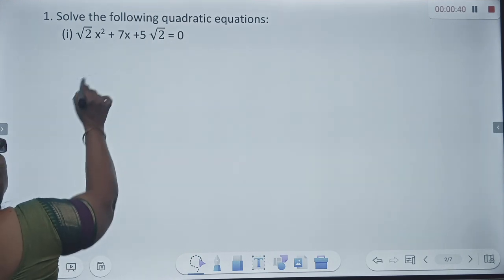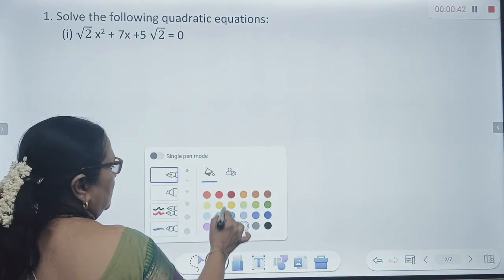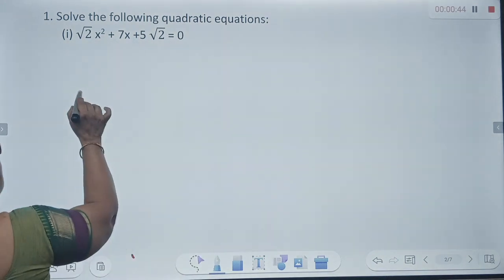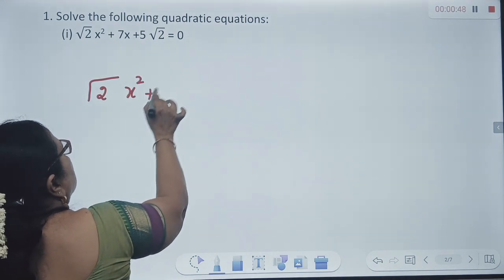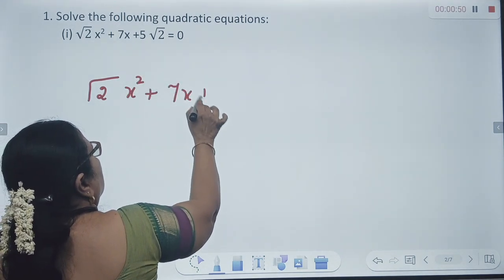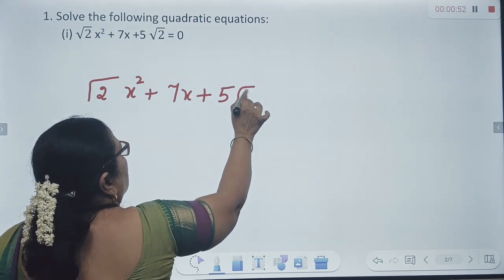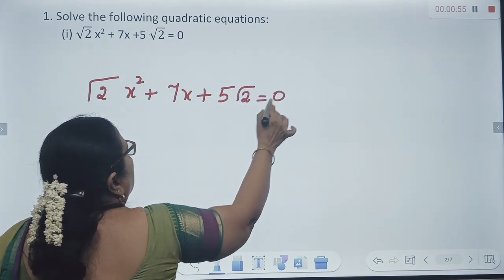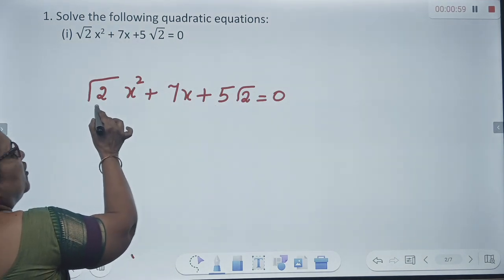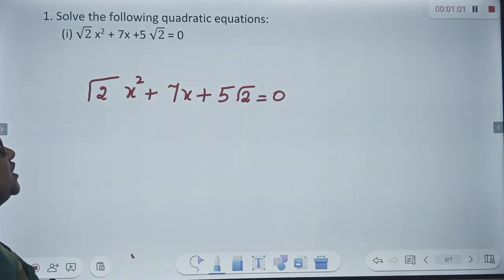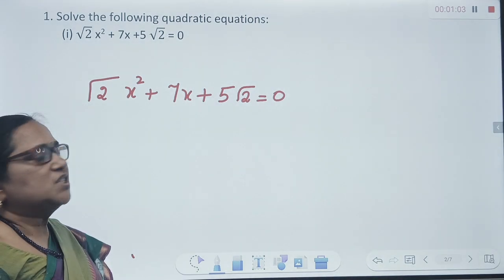So we have root 2 x square plus 7x plus 5 root 2 equal to 0. How will you split the middle term? Using the fact that the product of the coefficient of x square and the constant term is 5 into root 2 which is 10.